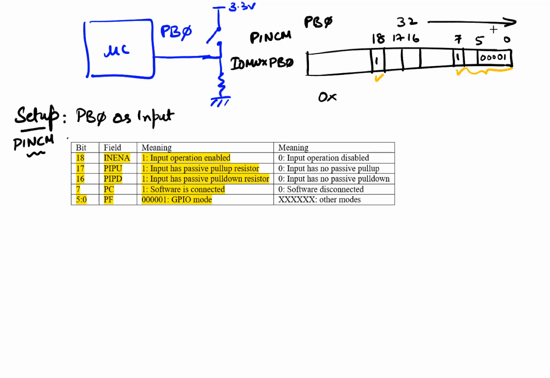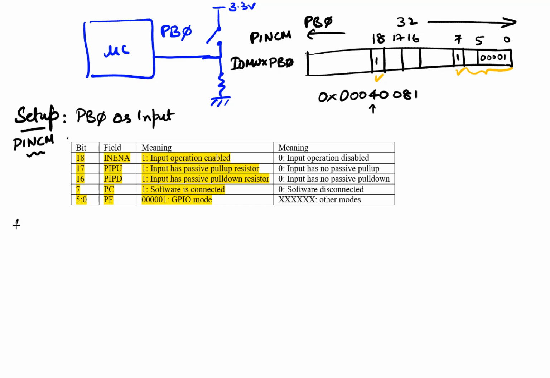It's going to be 0x00040081, because this 4 is at bit 18. Got it. Okay. So let's see how we can do this in terms of our initialization steps.